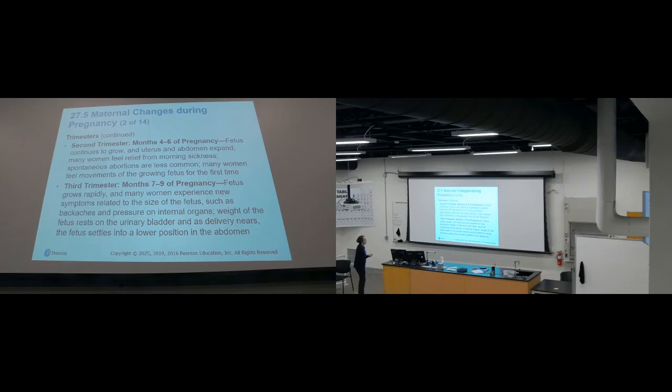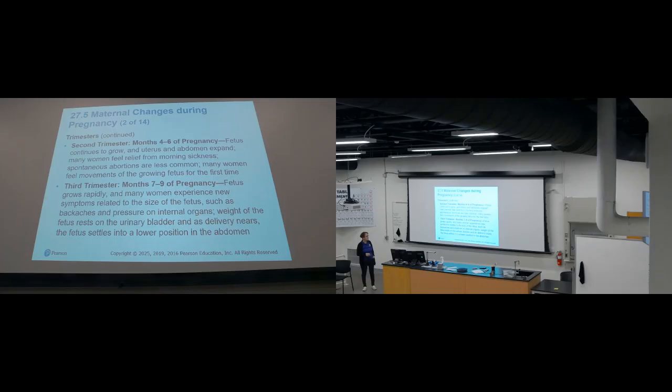And then for the second trimester, many women feel relief from morning sickness. They maybe get used to this hCG, or there is less sensitivity from the receptors. And many women start feeling the movements of the baby for the first time.